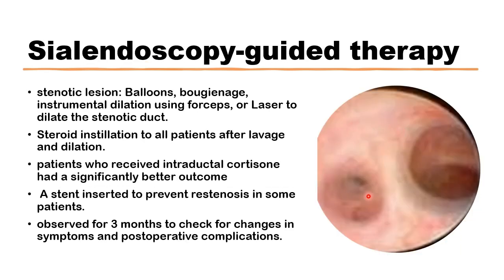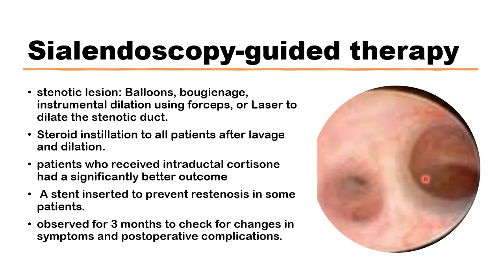Sialoendoscopy allows direct visualization of a stenotic segment or point, and the use of balloons or instruments like bougies or forceps or even laser to dilate that segment, followed by steroid instillation directly into the duct system. There is good evidence that patients who received intraductal steroids had a significantly better outcome than those who didn't.